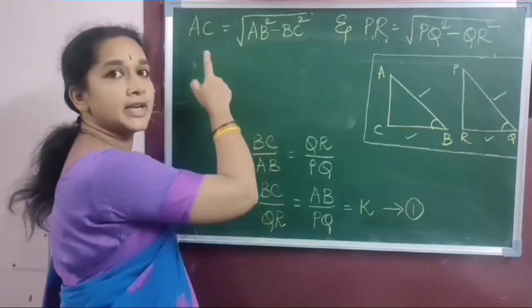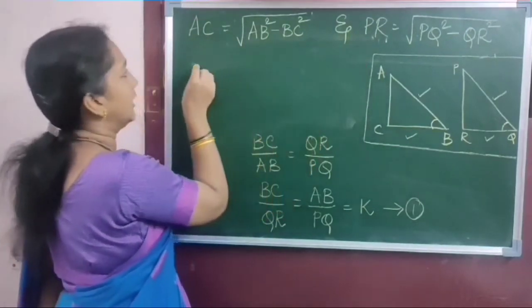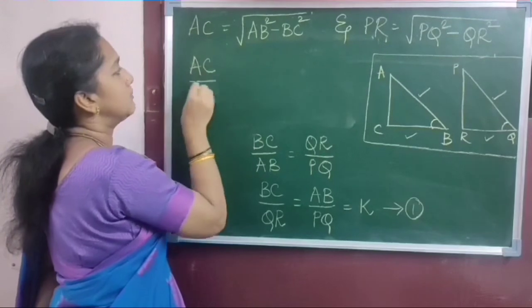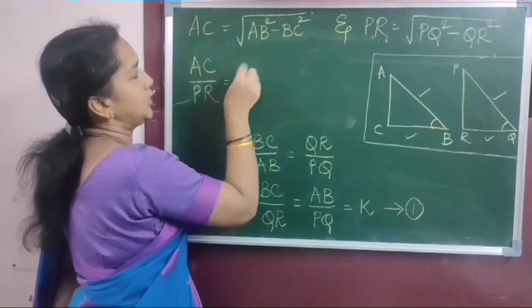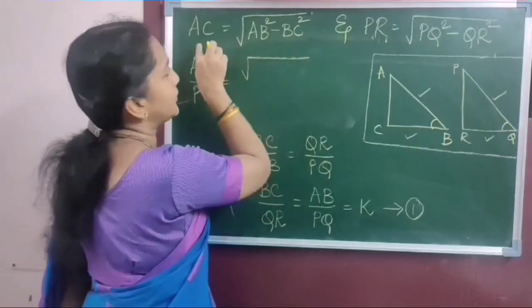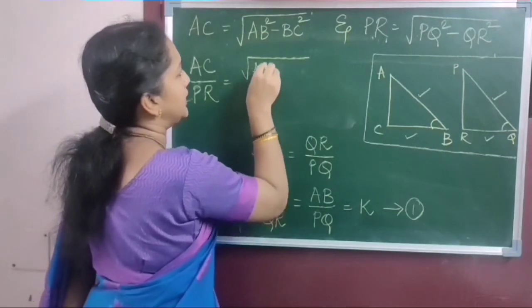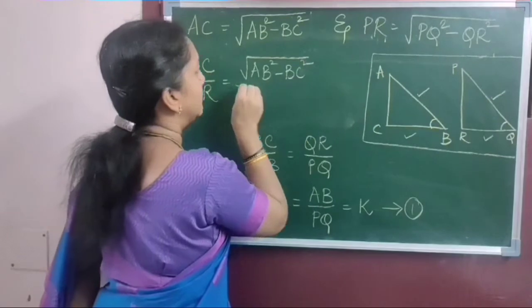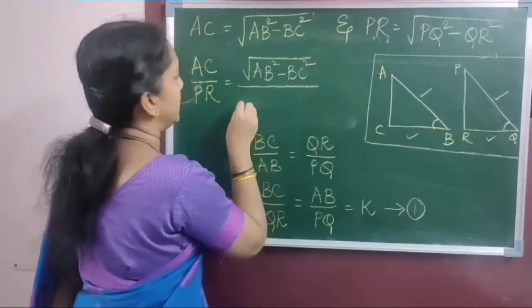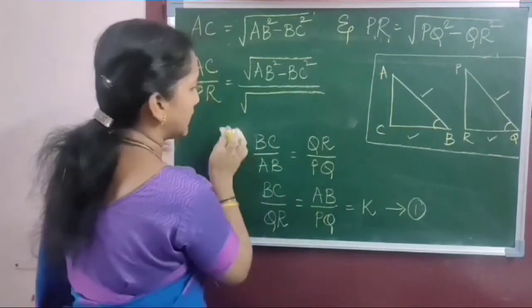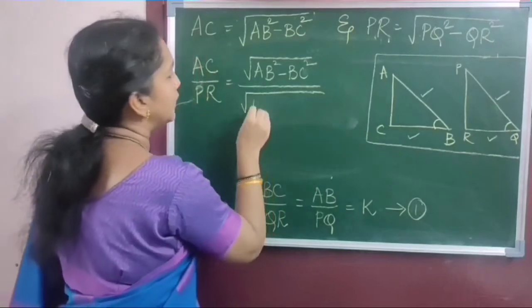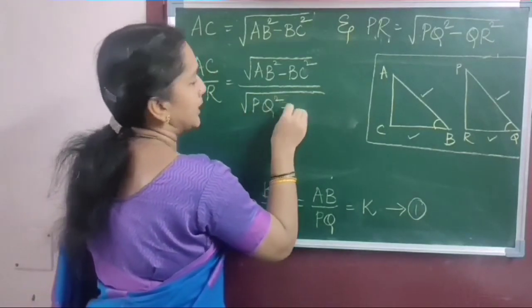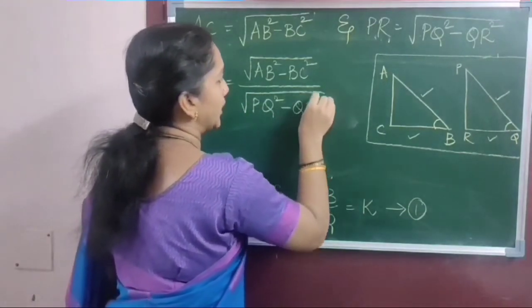When you are finding the ratio of AC and PR, AC by PR is equal to AB squared minus BC squared, by what you got for PR: PQ squared minus QR squared.